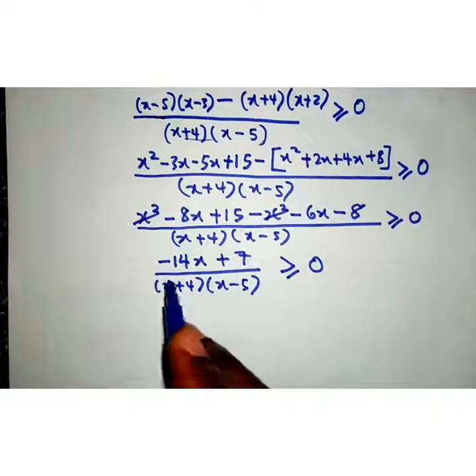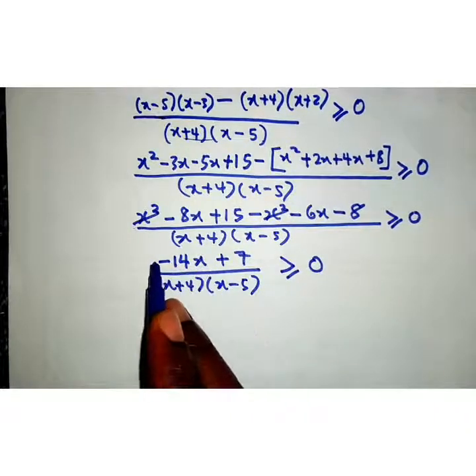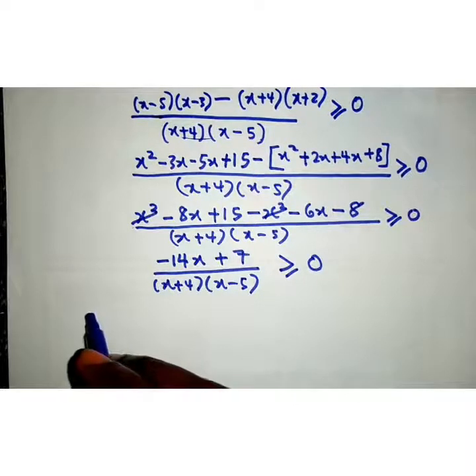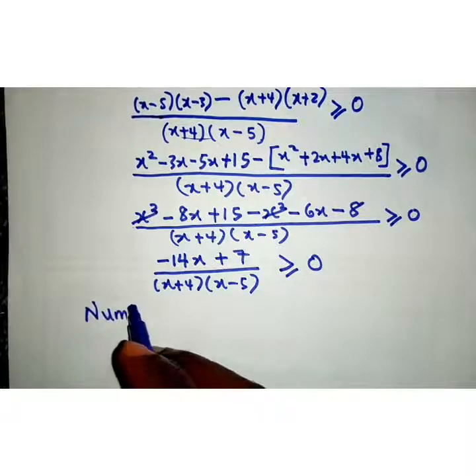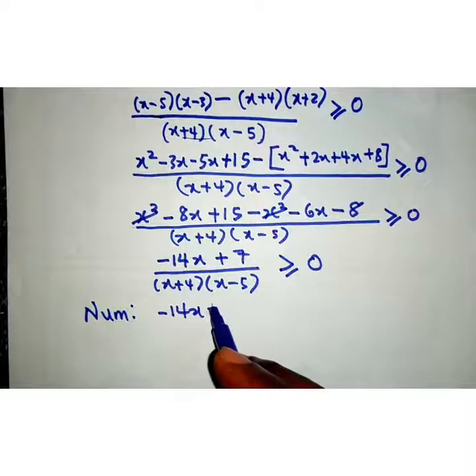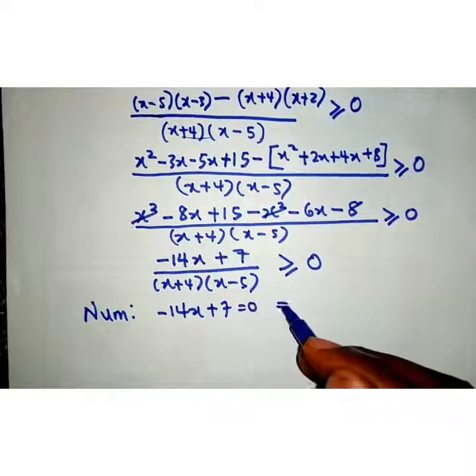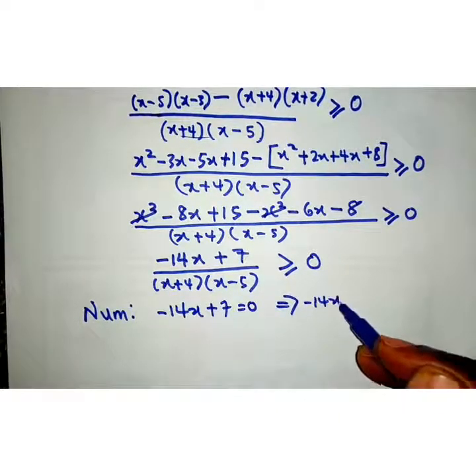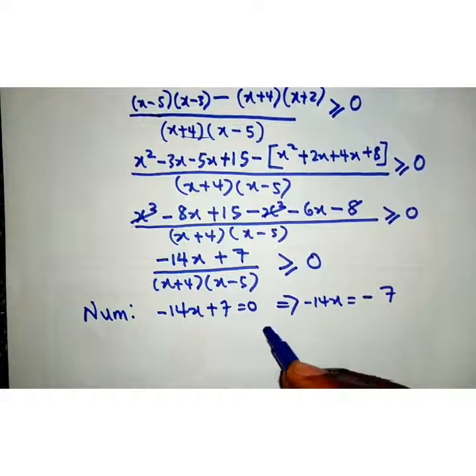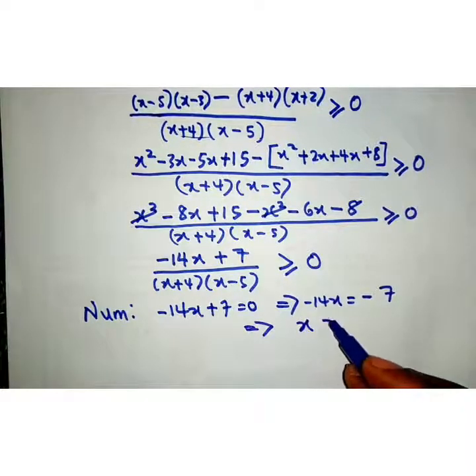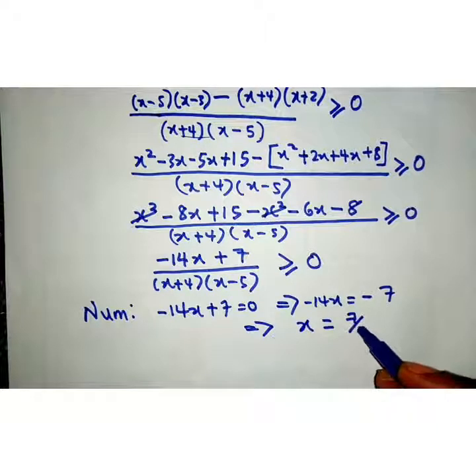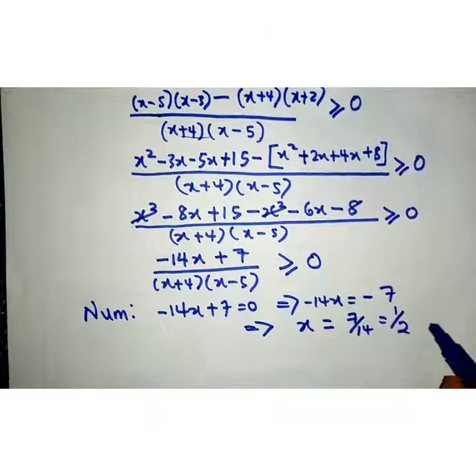Now, we can find the critical values of the numerator and the denominator. For the numerator, we have minus 14x plus 7 equals 0, which implies that minus 14x equals minus 7, so x equals 7 over 14, which is 1 over 2.